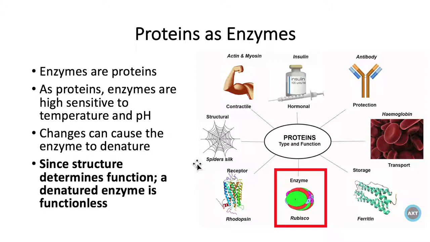Remember, proteins change their shape when they're at the wrong temperature or the wrong pH, and their shape is super important for them to function, right? And we saw that enzymes, their shape absolutely matters because they fit with their substrates like a lock fits with a key. So if they're at the wrong temperature or the wrong pH, just like proteins, enzymes will warp and they will no longer work, right?